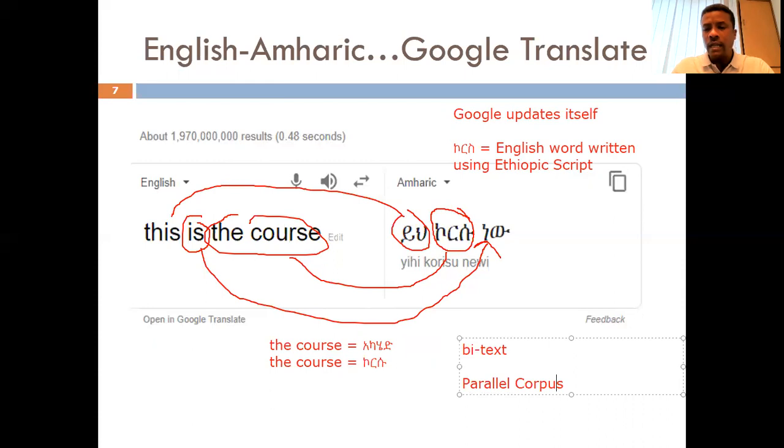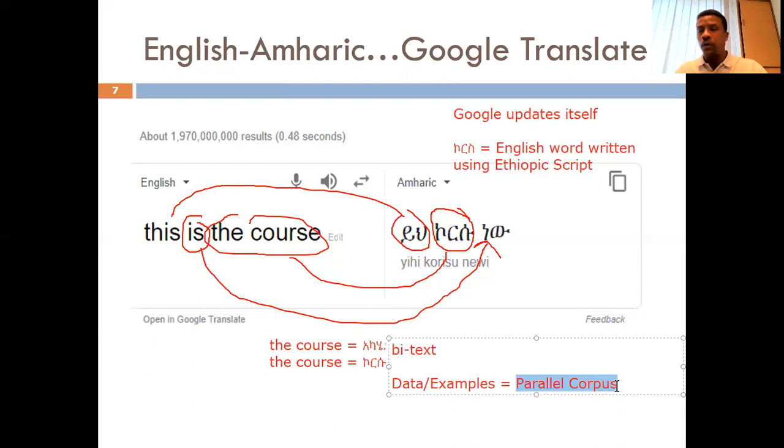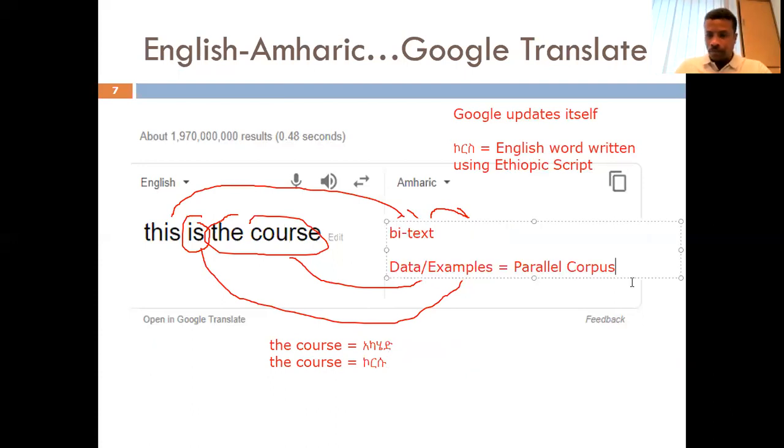Mind you, we have said that machine learning approaches are going to use data for the learning process. Machine learning requires data or examples to learn from. And the data or the example that we use for machine translation is what we call a parallel corpus or a bytext. From the name itself, it is clear to understand that what we call a bytext is a text in both languages.